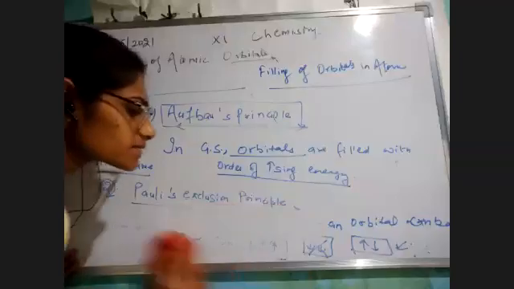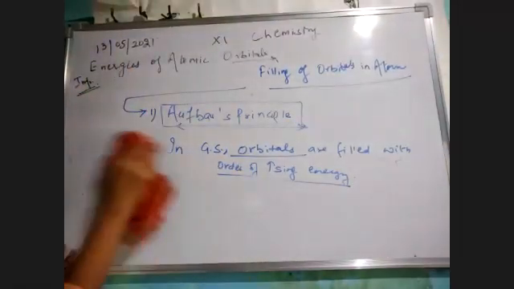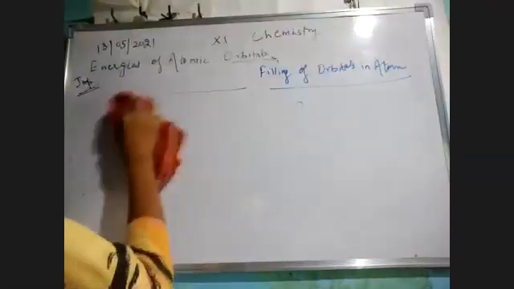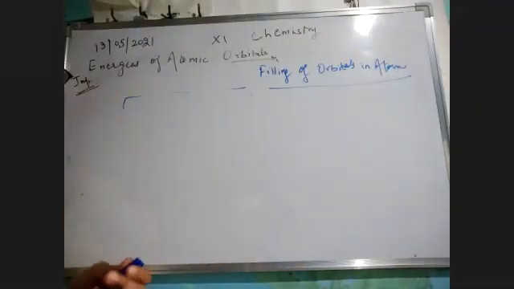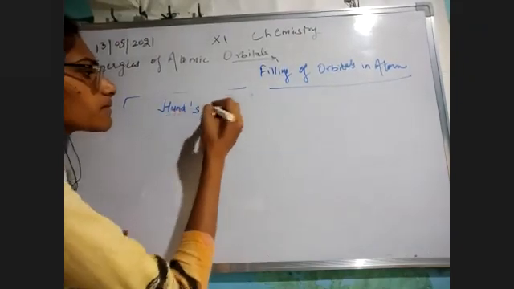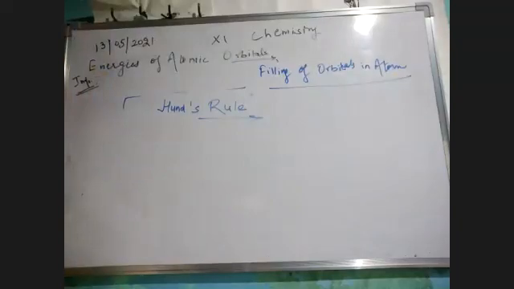The last one is Hund's rule of maximum multiplicity. So this is the last rule. Now what has Hund's rule told us?